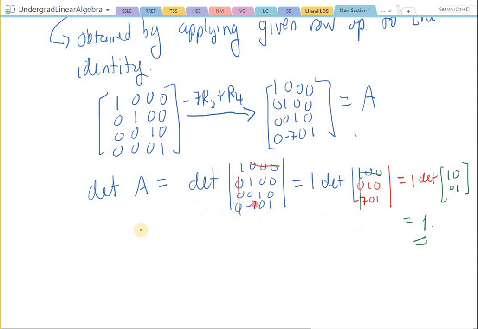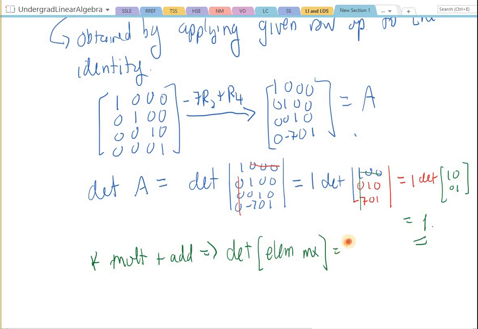And the result that you'll see talked about in the chapter is the determinant. So if I take the multiply and add, let me just write it this way: the determinant of the corresponding elementary matrix will be equal to 1.